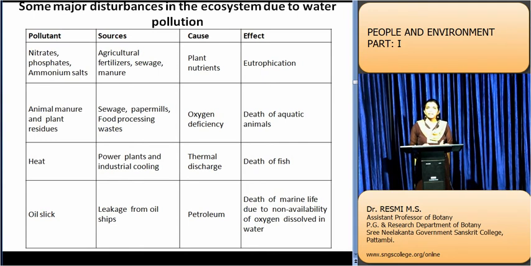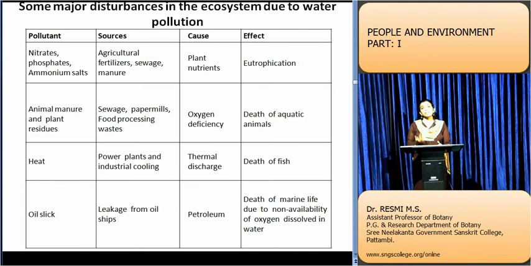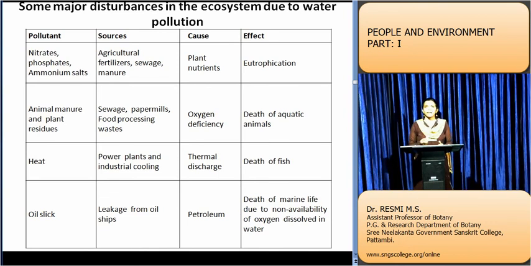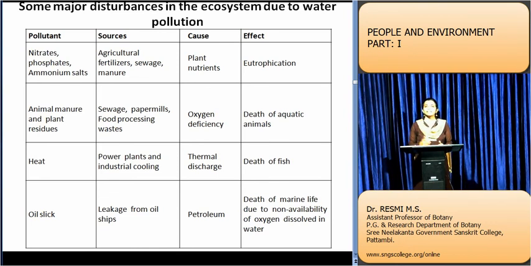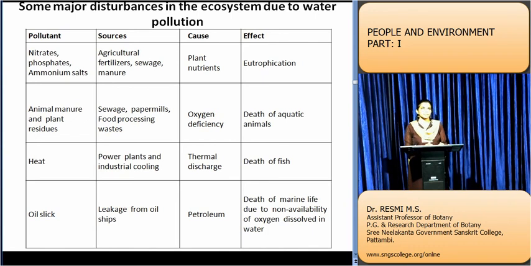We know the NPK ratio in agricultural fertilizers can cause an increase in nitrogen and phosphate content in water, and it leads to an increase in plant nutrients, which can lead to eutrophication. Eutrophication means an enhanced growth of algal forms or any sea plants to the extent that it can cause harmful effects to other aquatic living systems.